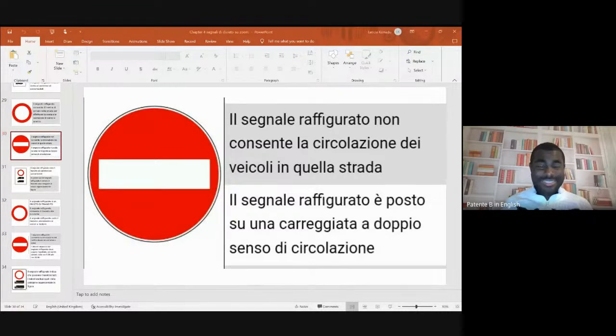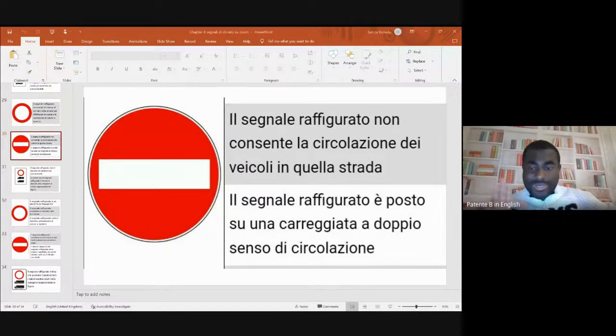The first one says that il segnale raffigurato, so this certificate, non consente la circolazione dei veicoli in quella strada. Guys, and the answer to this question is false. It means that with this signal, the circulation of vehicles in that road is forbidden.